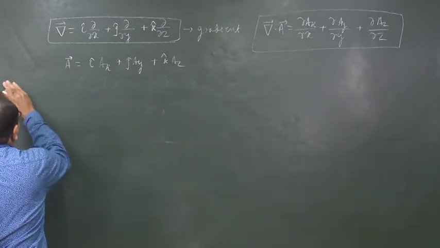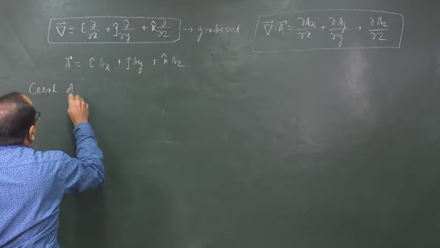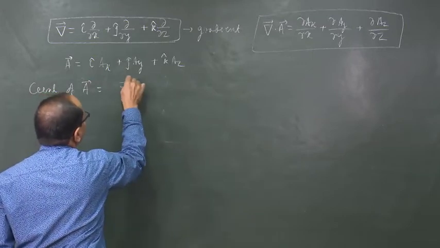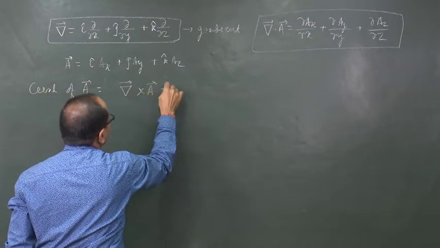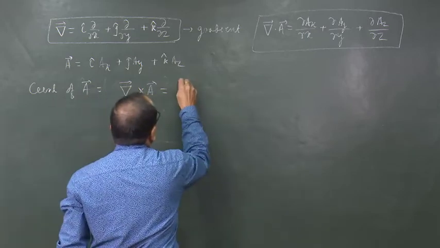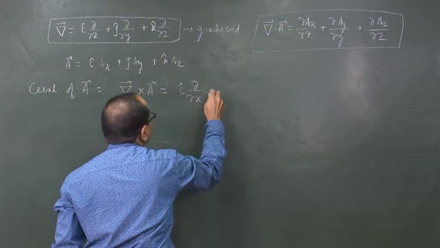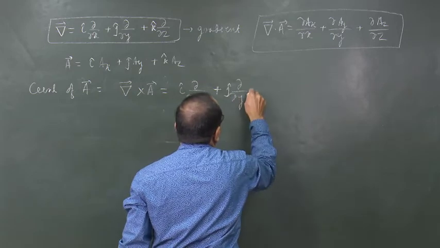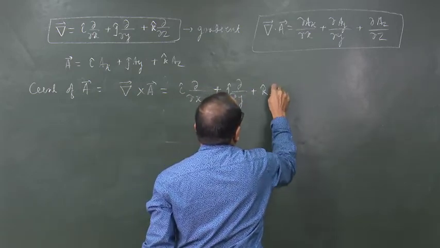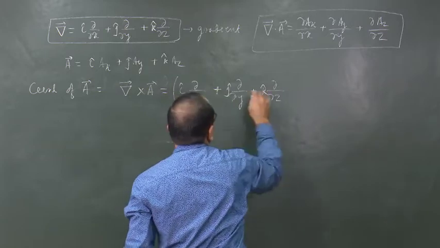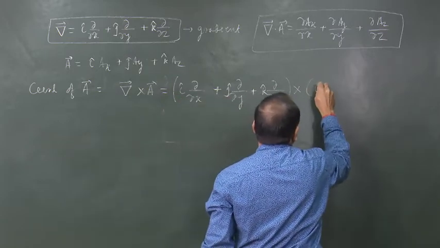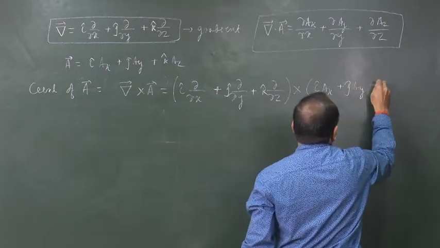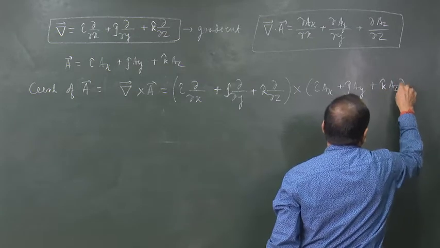Now, curl of A is equal to del cross vector A, which is equal to i cap del by del x plus j cap del by del y plus k cap del by del z, cross i cap Ax plus j cap Ay plus k cap Az.